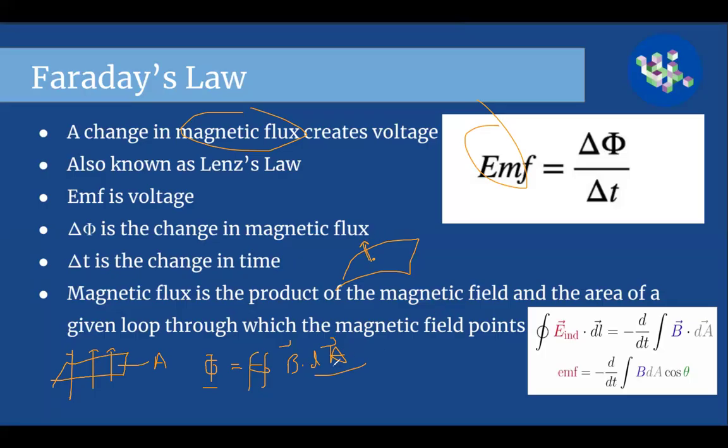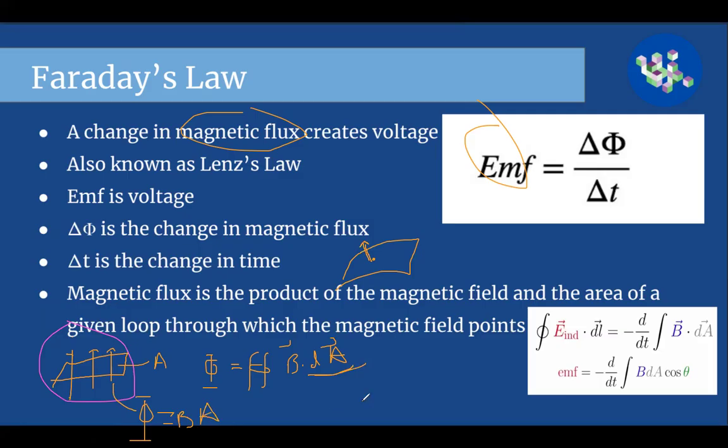So that's just the definition of the dA vector. Now, in this case, I have the magnetic field, and it's always parallel to the dA vector because the dA vector is always perpendicular to the surface. So then in this case, my magnetic flux would be equal to B times A.